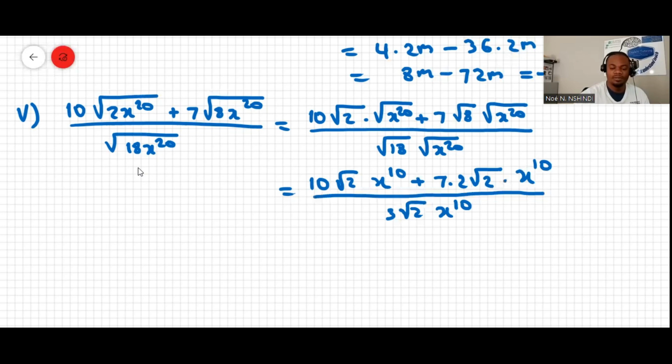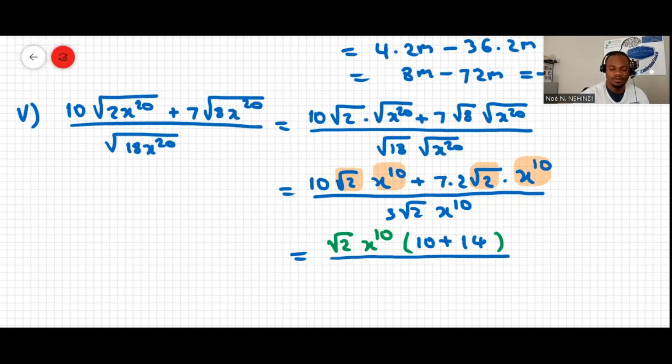Then we can look at the numerator here. We have root 2 and root 2, and x to the 10 and x to the 10. It can be taken as a common factor. So we can write root 2 x to the 10 as the common factor, and within the brackets we are left with 10 plus 7 times 2, which makes 14, all over 3 root 2 x to the 10.